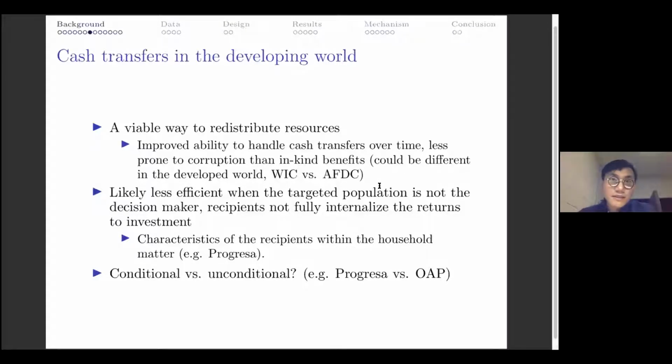Another divide is conditional versus unconditional programs. For example, Progresa in Mexico is a conditional program that requires households to fulfill a few guidelines set by the government. And the old age pension program in South Africa is a cash transfer directly to the elderly that is unconditional.